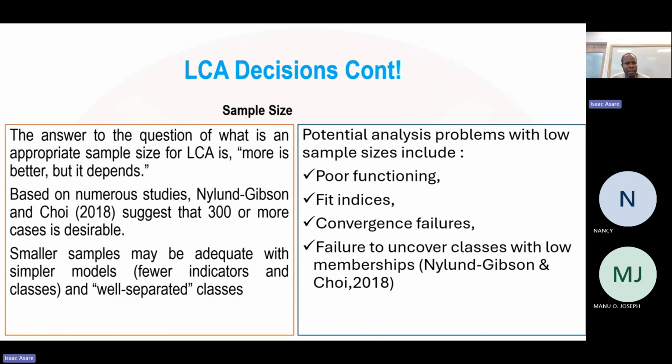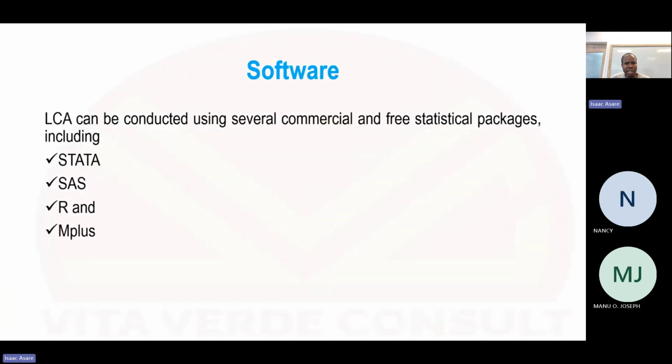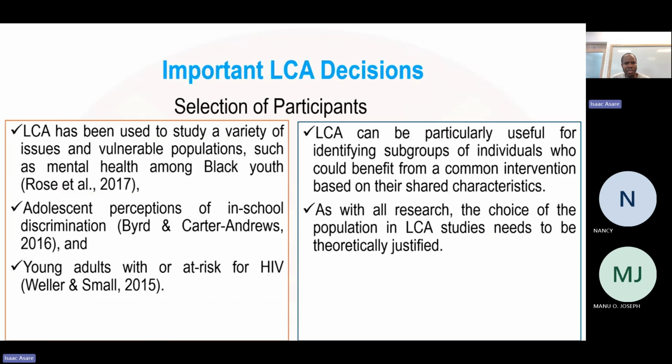We also looked at the selection of participants. I indicated that you need to be very careful as to who to include in the study. Very important. If you are looking at children, the focus should be children.